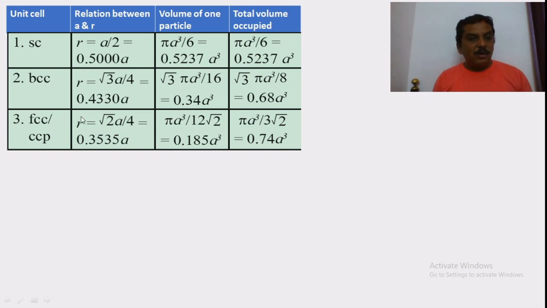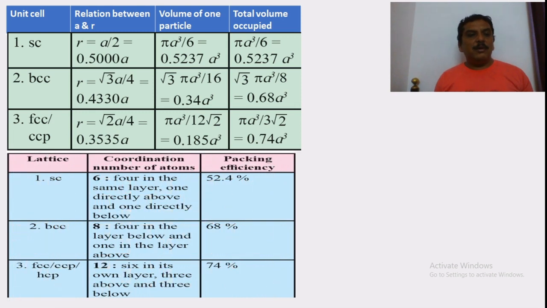This value we have to remember because in the calculation of r, if a is given, this value is required. In case of BCC, r is equal to 0.433a. In case of simple cubic, r is equal to a by 2, that is 0.5a. And the fractions of volume occupied are 0.52, 0.68, 0.74.